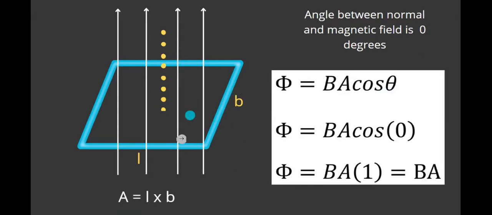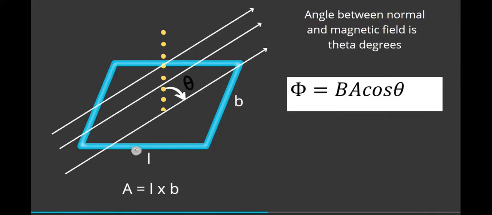So it's very important to understand what this theta is. It's the angle between the magnetic field and the line normal to your loop of wire, right? A line normal or perpendicular is the same thing. But sometimes you don't have a magnetic field that is parallel or perpendicular. Sometimes it's a bit skewed, or diagonal. You see this magnetic field moves from here all the way there.